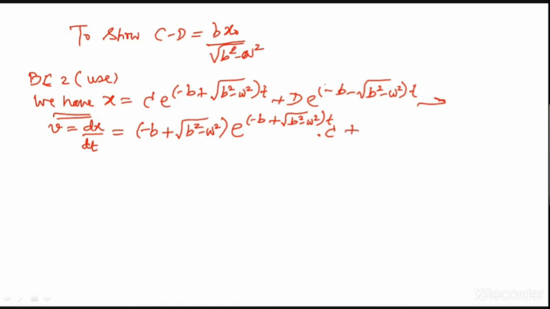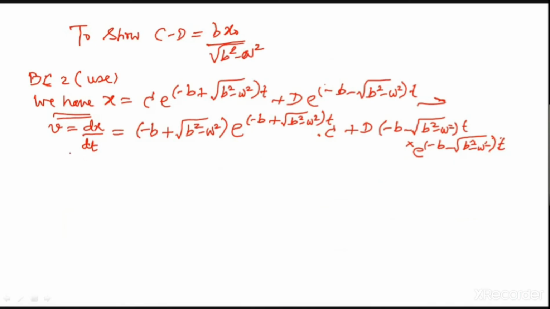Plus D, minus b minus root of b square minus omega square into exponent of minus b minus root of b square minus omega square t.